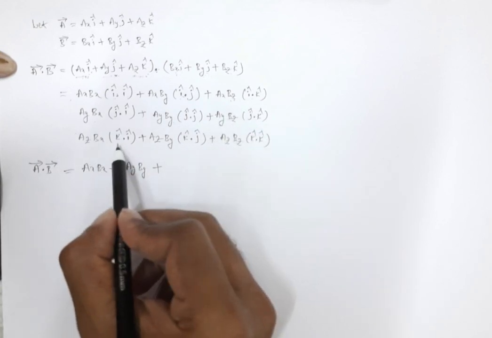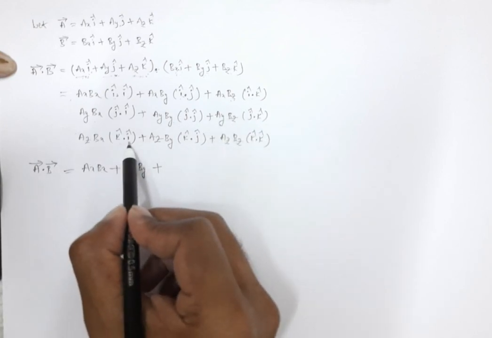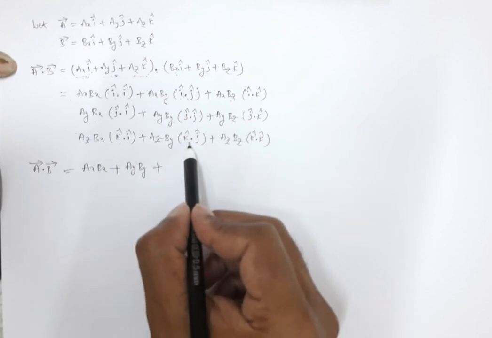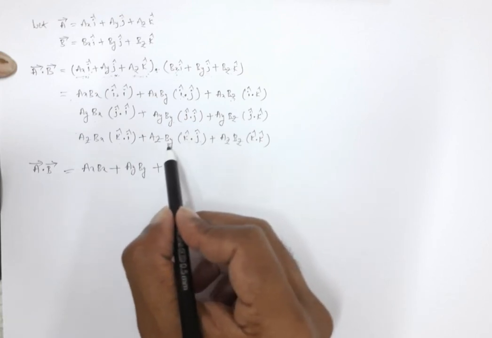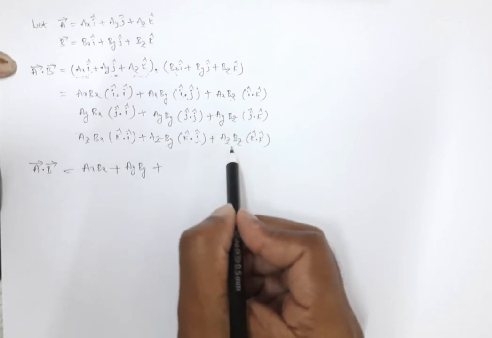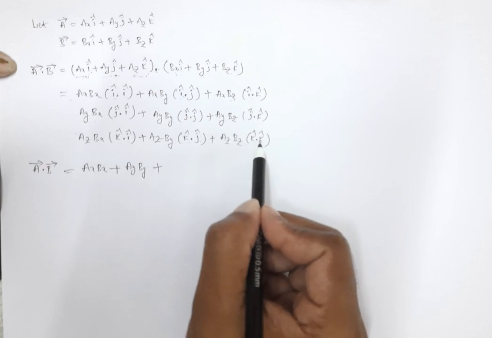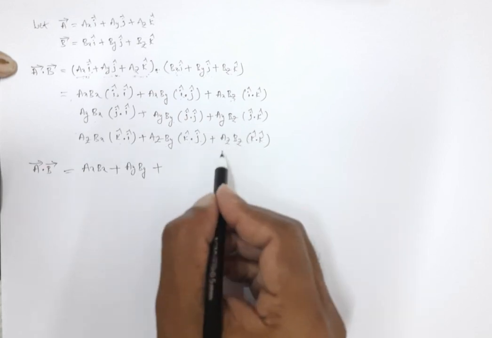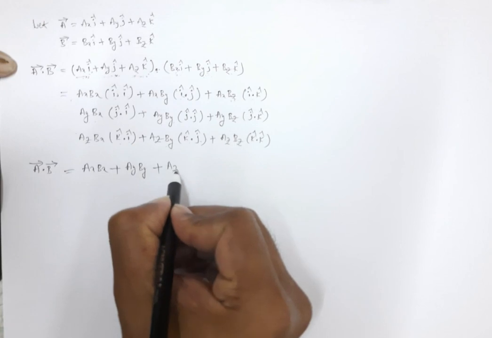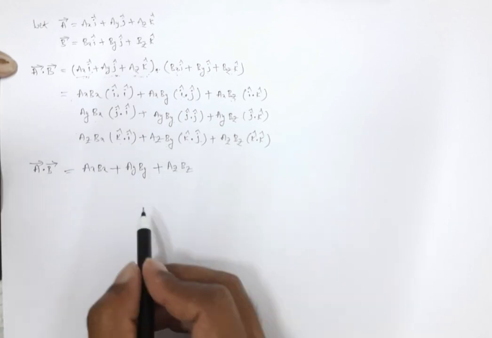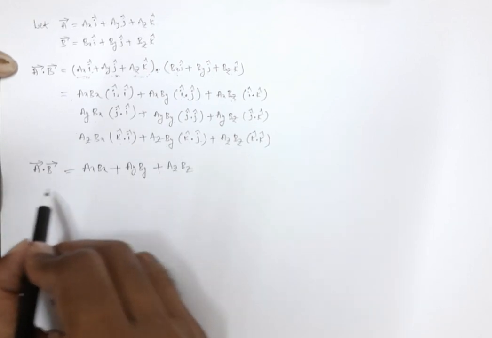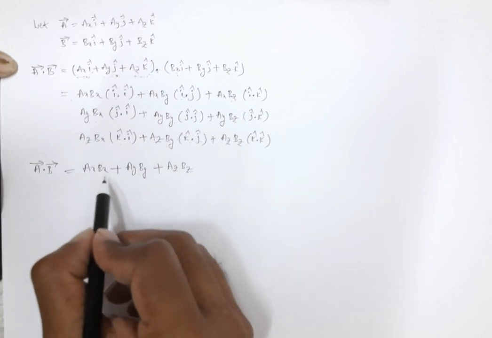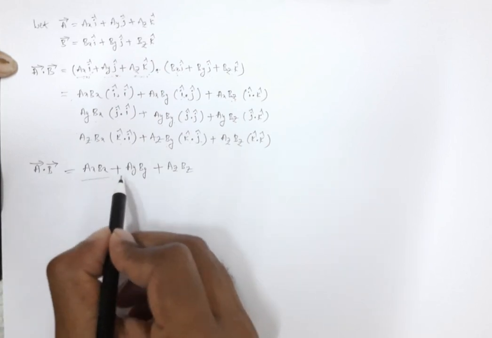And k cap dot i cap is equal to 0, and k cap dot j cap is equal to 0, no need to write these. And the last term, k cap dot k cap is equal to 1, so this term is az bz.